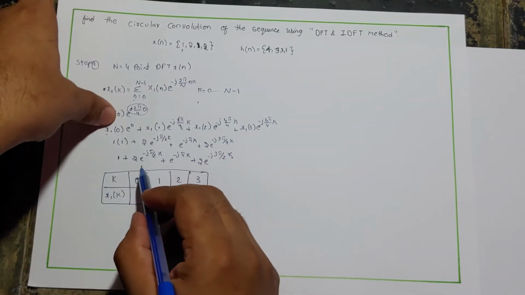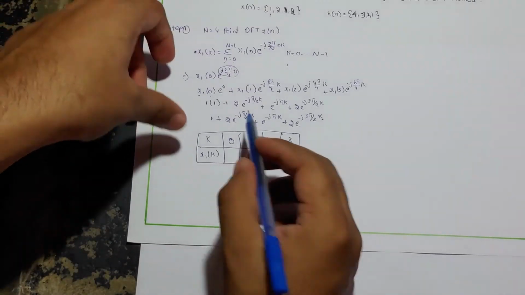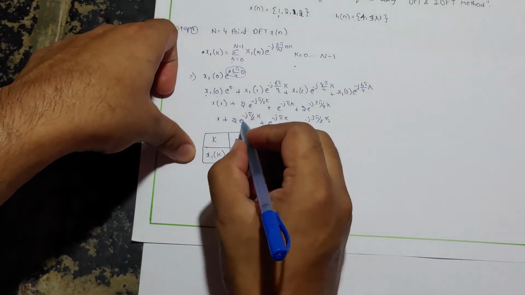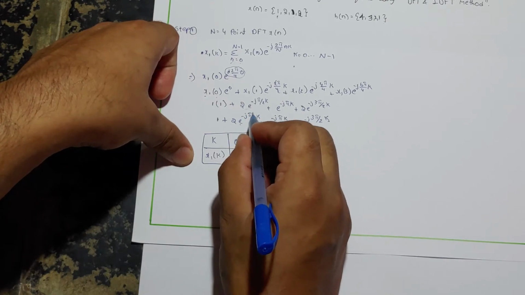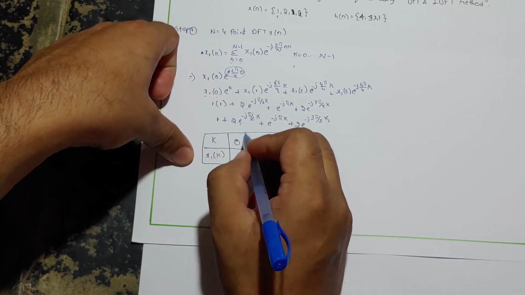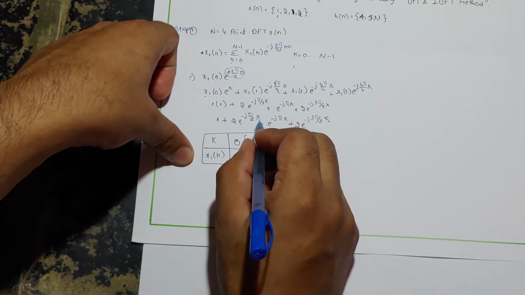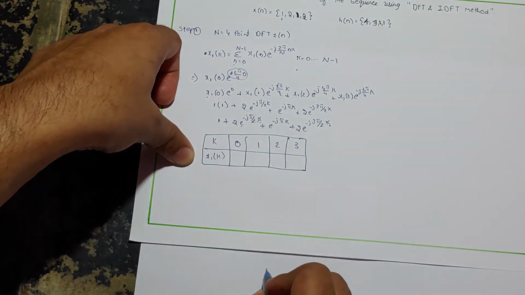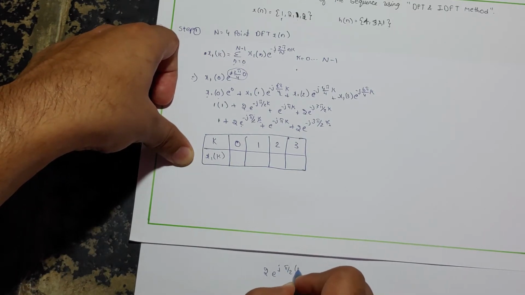Let us find e power of j for this one. Here this term e power of minus j pi by 2 times k, where k is equal to 0, it will be 0. For 1 it will be 1, that is 2 into e power of minus j pi by 2 times 1.